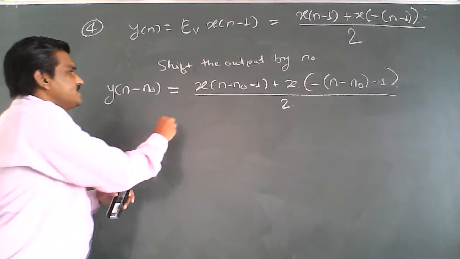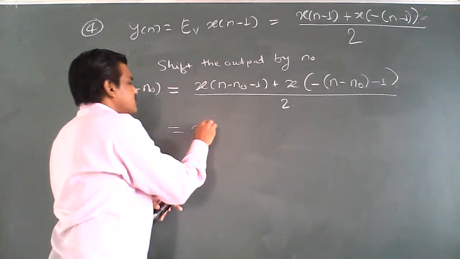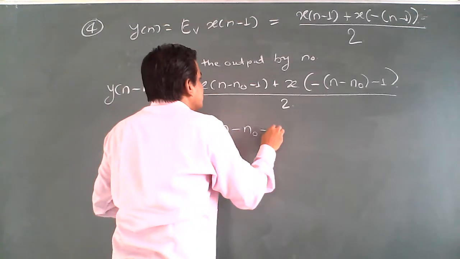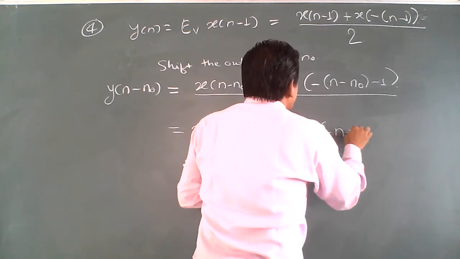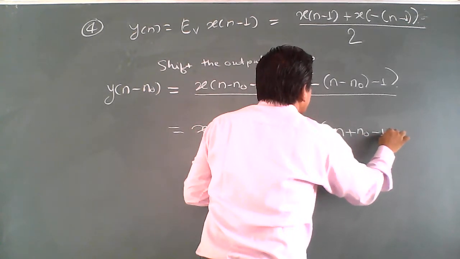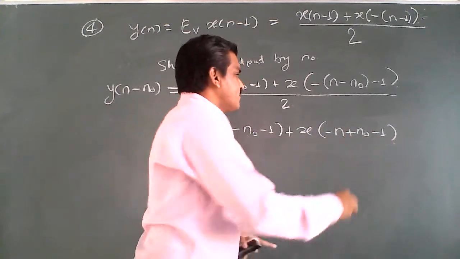Now simplify this. What is this value? x of n minus n0 minus 1 plus x of, what is this? Minus n plus n0 plus 1, divided by 2.